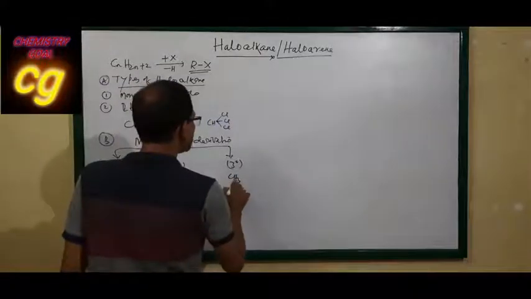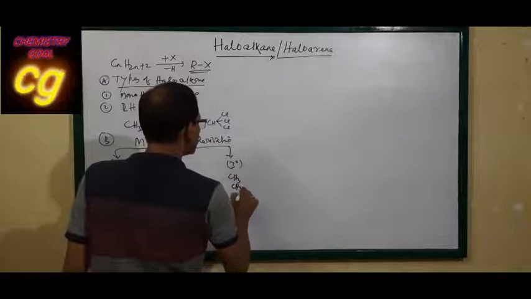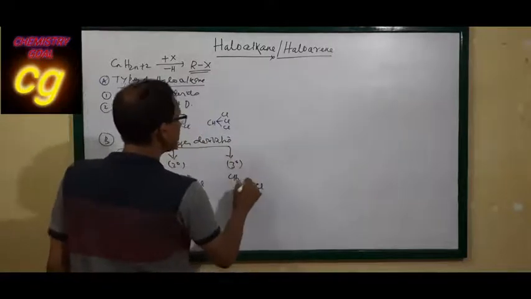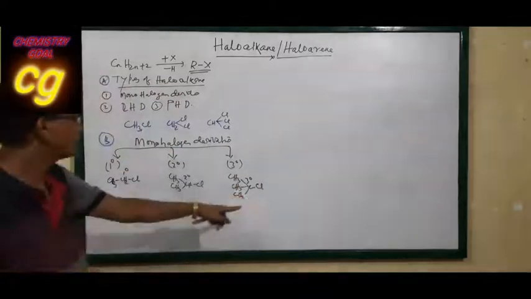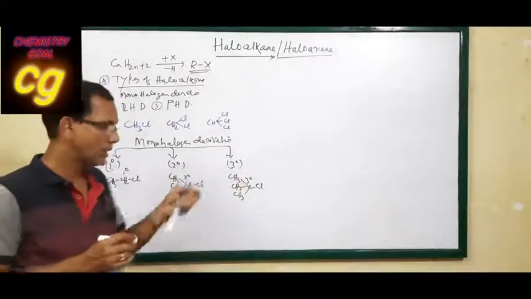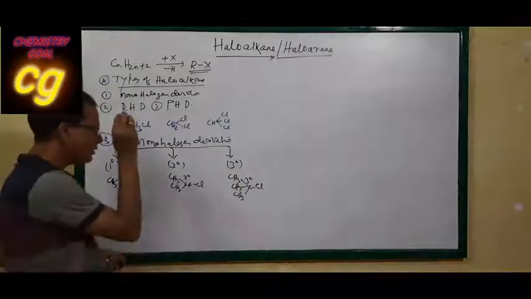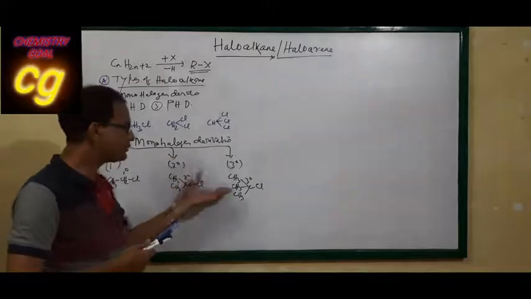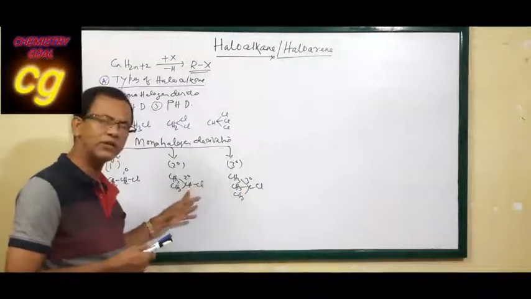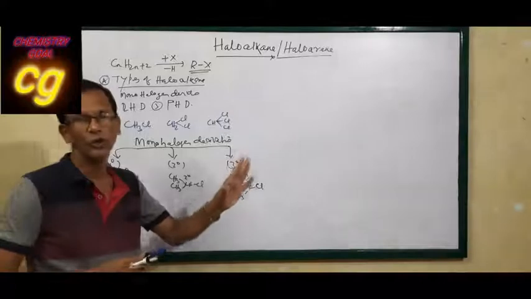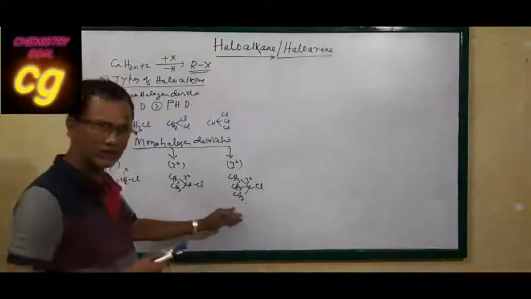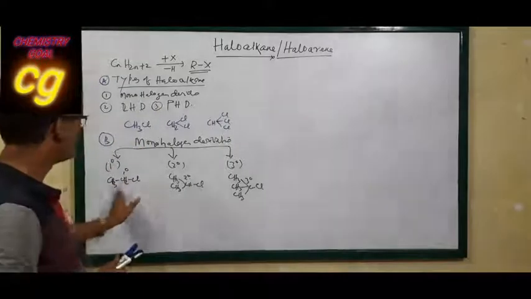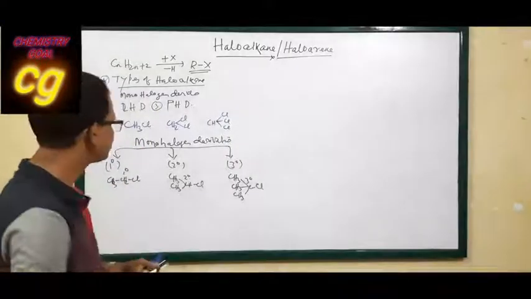If it is attached like this, it is tertiary. This carbon is tertiary, that's why it is called a tertiary haloalkane. So it depends upon the attachment of the halogen to the particular carbon. It may be primary, secondary, or tertiary. So the monohalogen derivative may be of three types: primary, secondary, and tertiary.